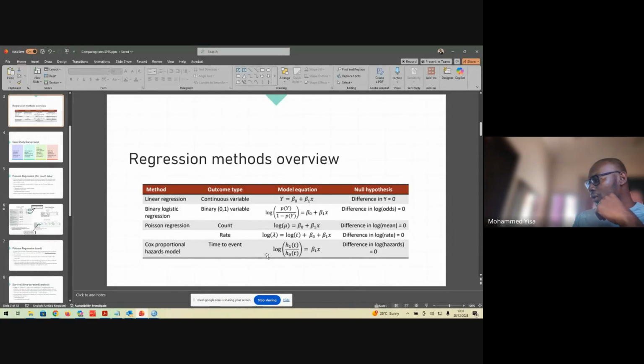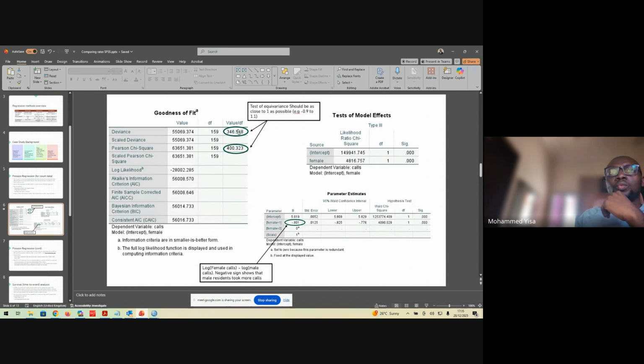Someone asked a question on the chat box also about how the goodness of fit table affects the reading and interpretation of the final model results. As you look at this, you can see that even though our model is statistically significant, this assumption of equidispersion is not satisfied, and it's very much wider than what we expect.